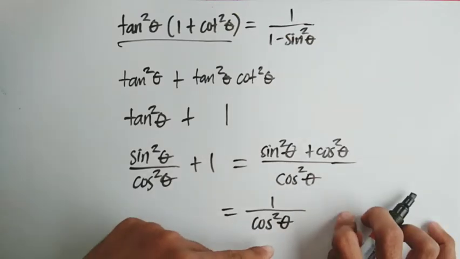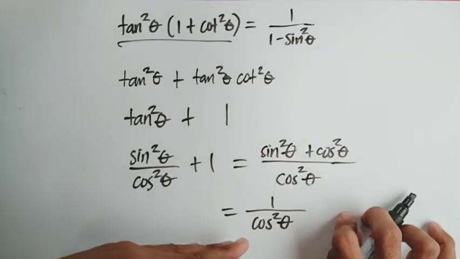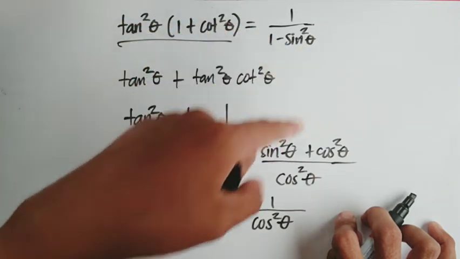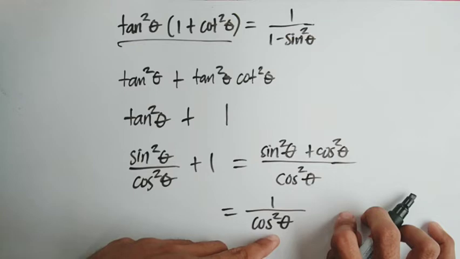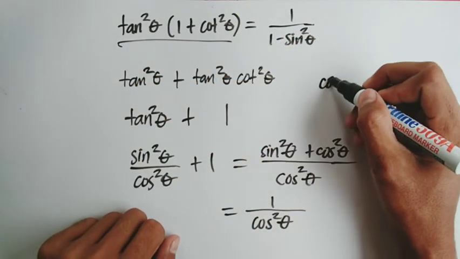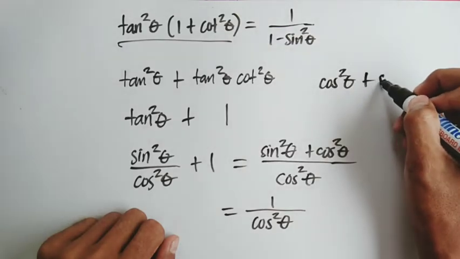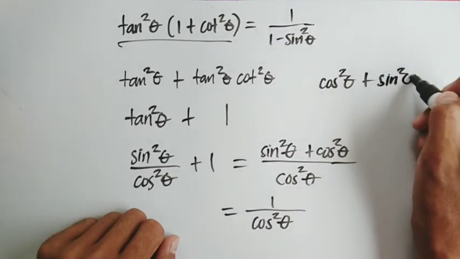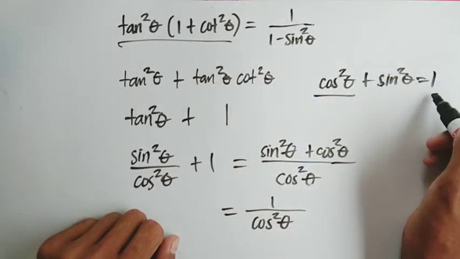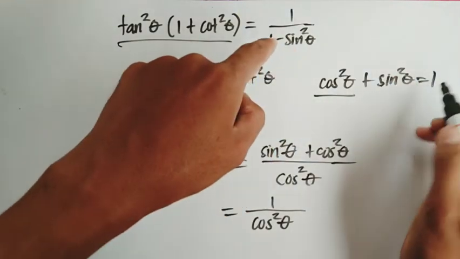Next, anong next na gagawin natin? Since eto, 1 minus sine squared theta, alam natin na ang cosine squared theta is equal to this. Based on the Pythagorean identity, cosine squared theta plus sine squared theta is equal to 1. Solving for eto, ilipat natin, magiging 1 minus sine squared theta.